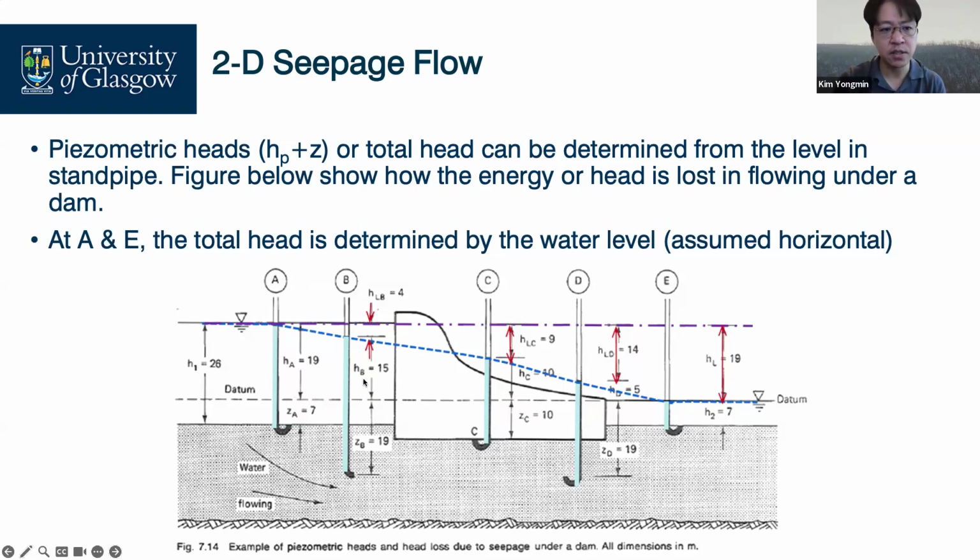Actually, not the pressure head, because the pressure head from here to here is much higher than this, right? 19 meters and 15 meters, 34, but only this 26. The groundwater level inside the standpipe is higher at point A. So you can directly read off the location of the water, and you can identify the total head.